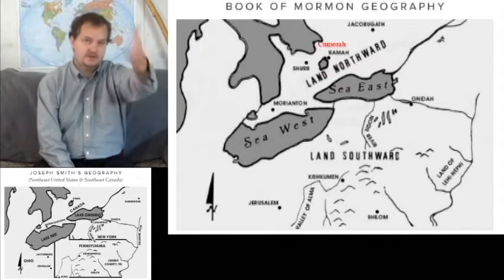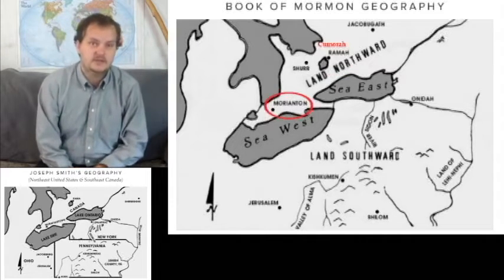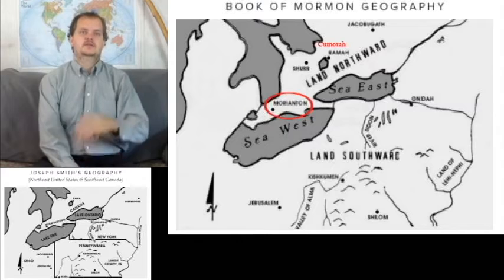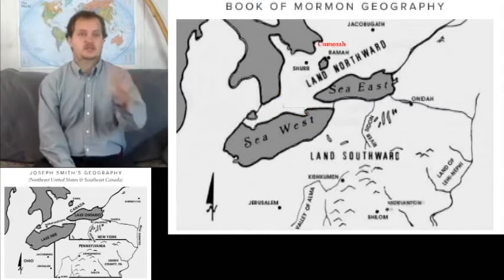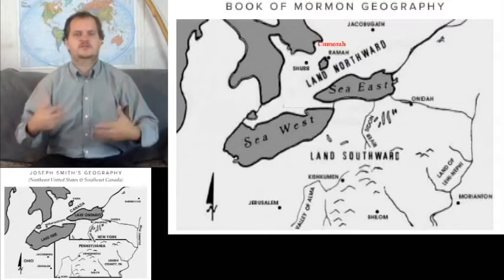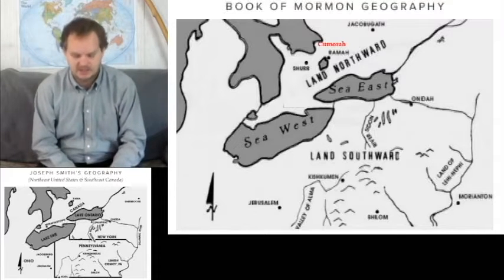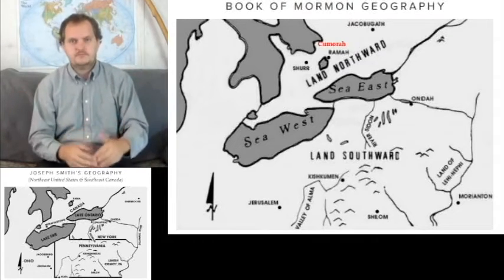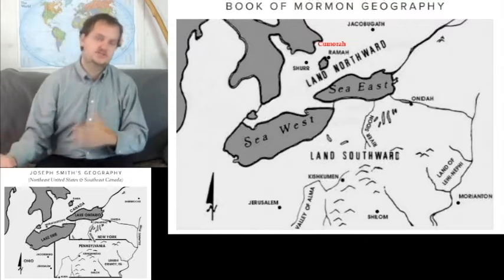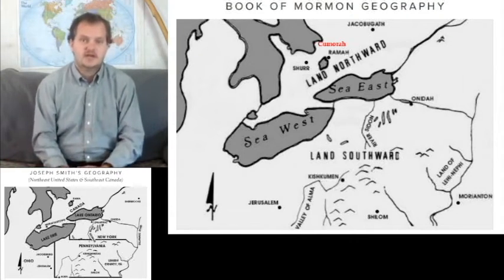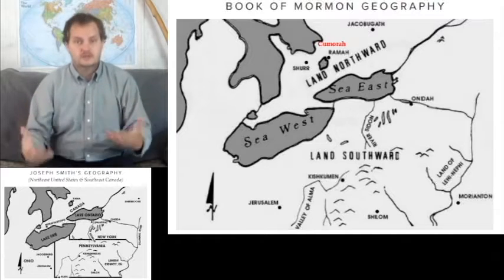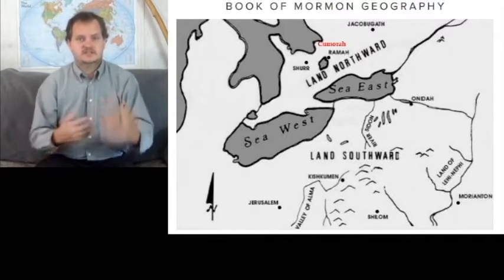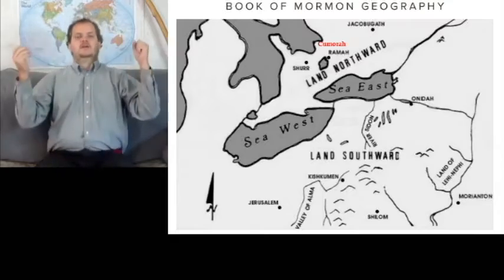And finally, Morianton, he has in the land northward, and that should be in the land southward. And it should be on the east, not in the west. So there are these several issues with his geography. However, his main point that Joseph Smith just borrowed these names and modified them slightly for the Book of Mormon would still hold regardless of the exact geography.